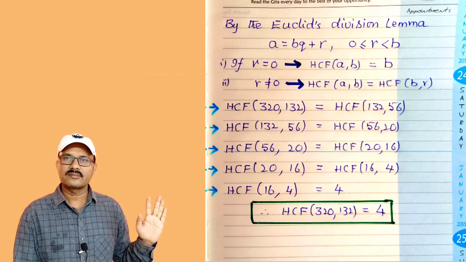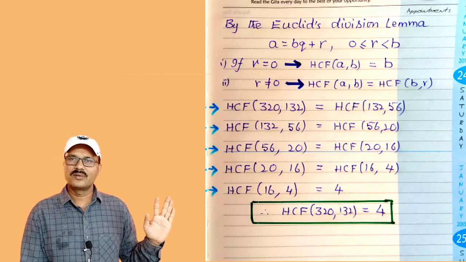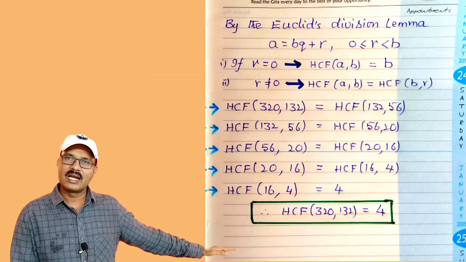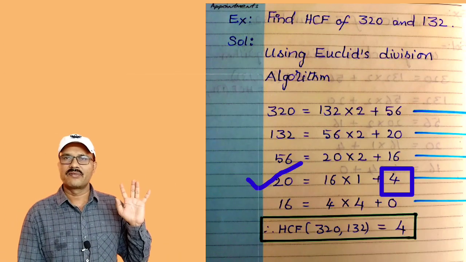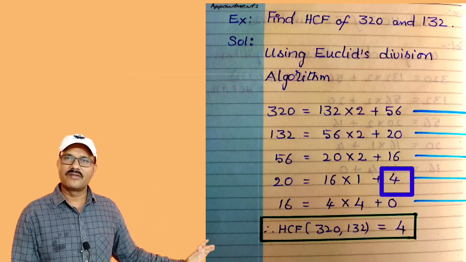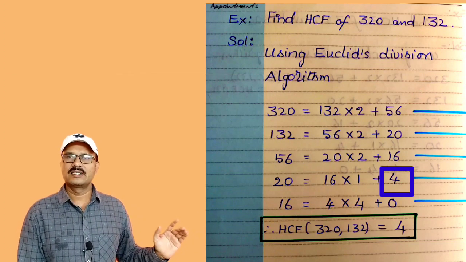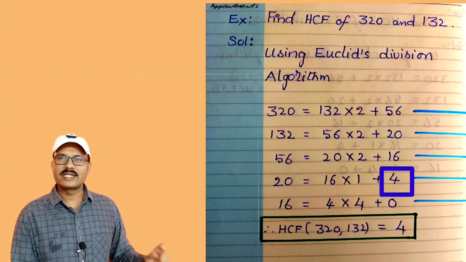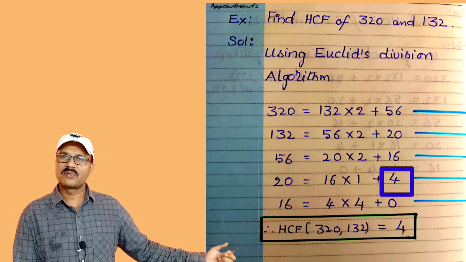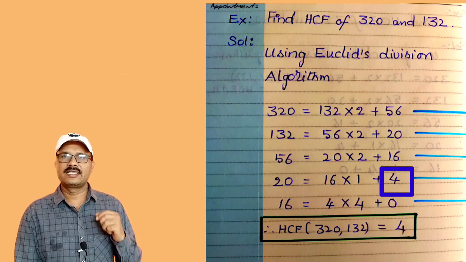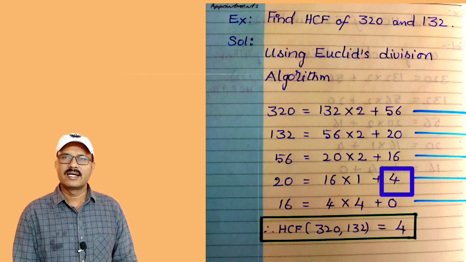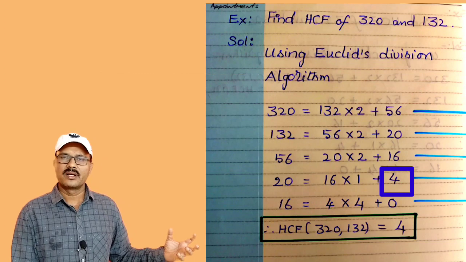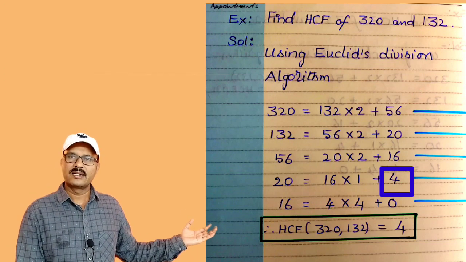Is it clear? Right. Now, from the last second step, the remainder is the HCF. Of course, it is the same as the divisor at the last step, but I suggest my students write the remainder from the last second step as the HCF, because I have observed so many students confused when writing the result.